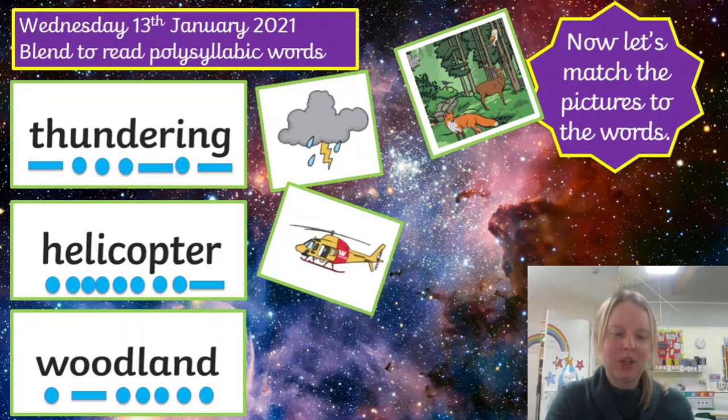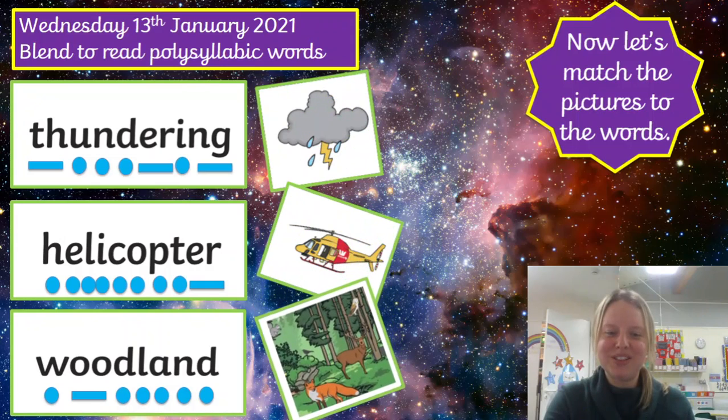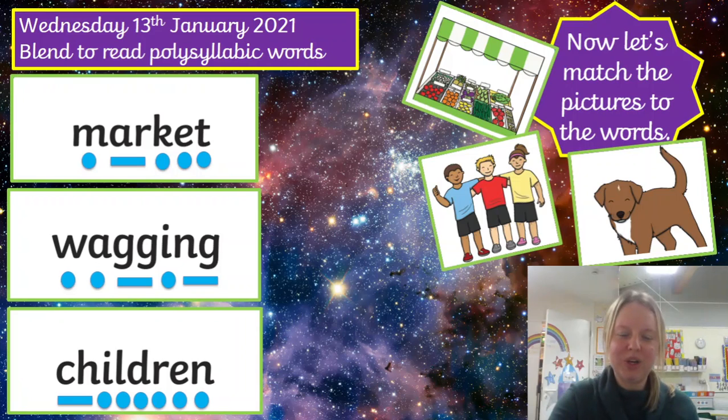Well done if you got that one right. Let's read the word at the bottom. Ready? W, oo, d, l, a, n, d. What do you think that word says? It says woodland. Brilliant.